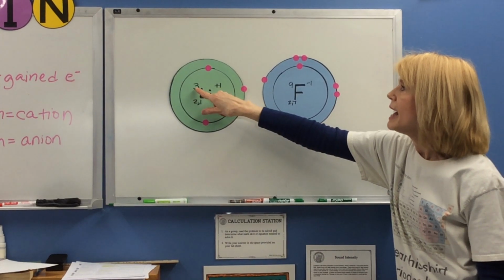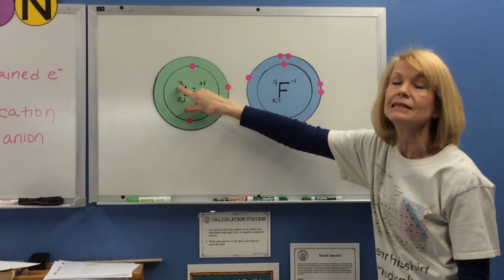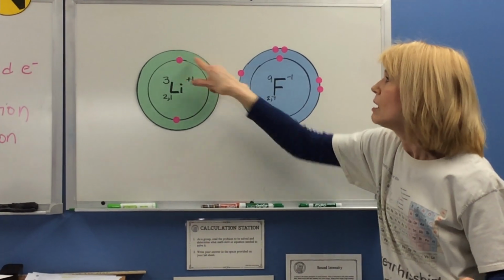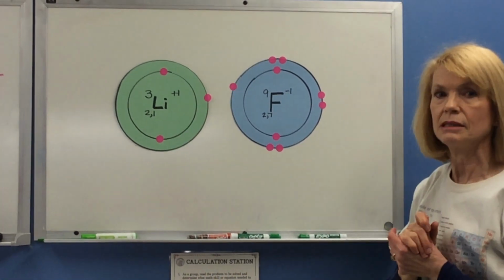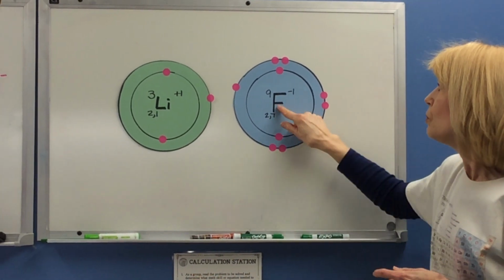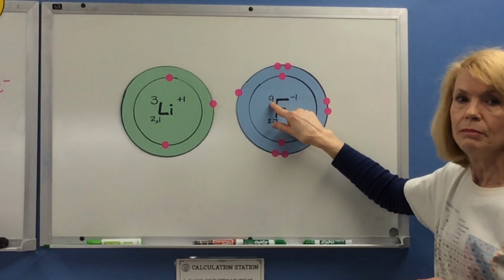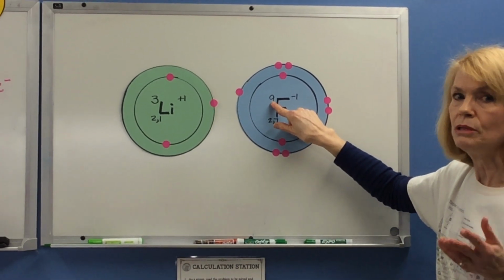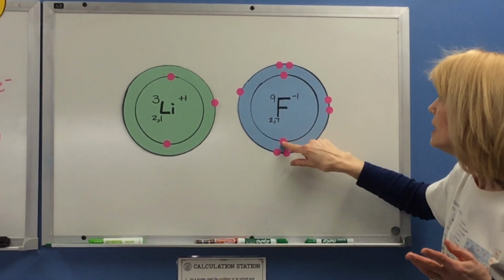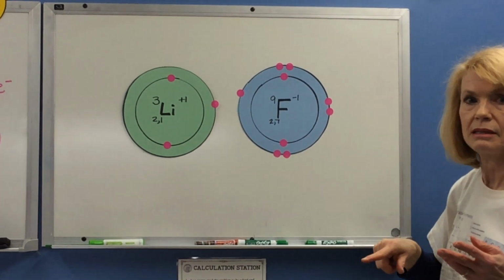Lithium has an atomic number of 3. It has 3 protons. It also has 3 electrons. Fluorine has an atomic number of 9. It has 9 protons. It also has 9 electrons.